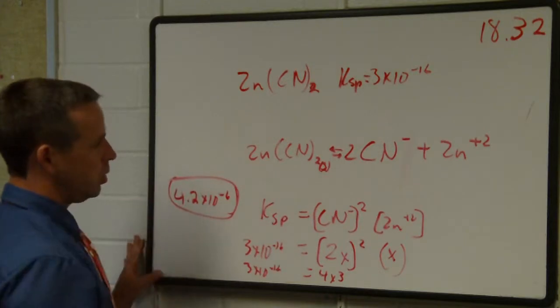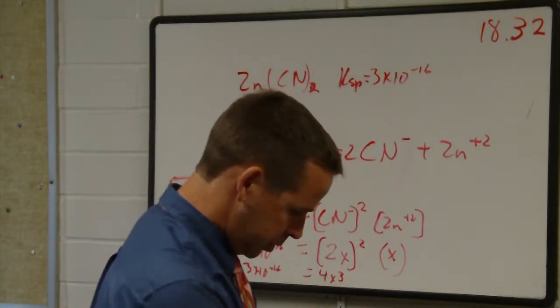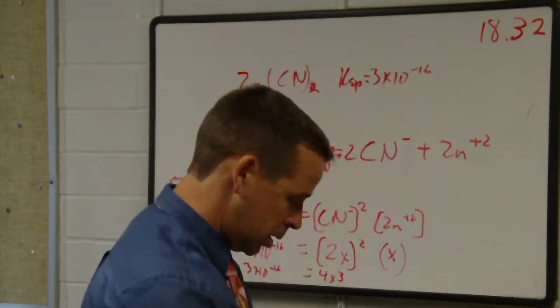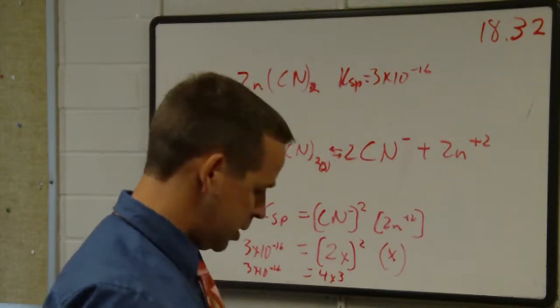And that should be the molar solubility, because that's how many moles of zinc there are, and for every 1 mole of zinc, that's 1 mole of zinc cyanide that will ionize. 1832, 4.2 times 10 to the minus 6.